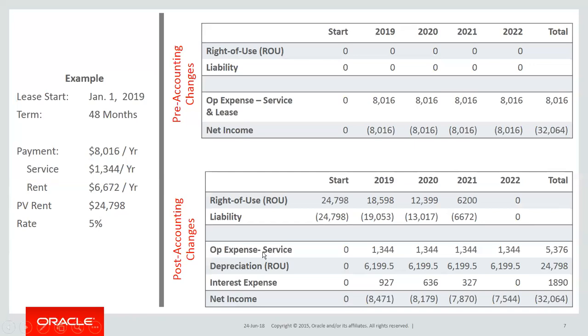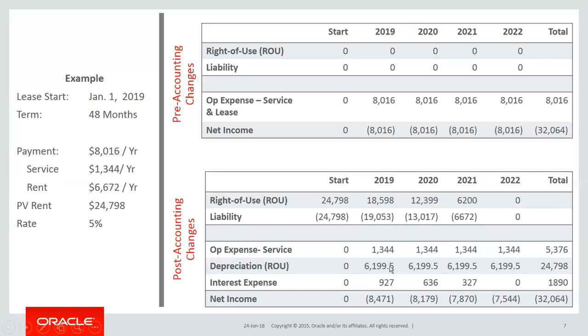The operating expense for service, which is not a leasing component, as I explained earlier, for 1344, is going to be expensed off every year as and when it is incurred. The lease expense for 6672 is, however, broken down into depreciation, I would say amortization, since this is a financial asset, and there is going to be a split between depreciation and interest expense in this way.